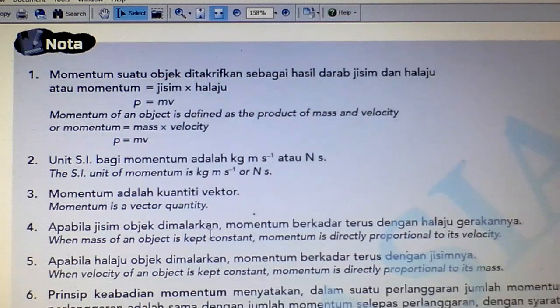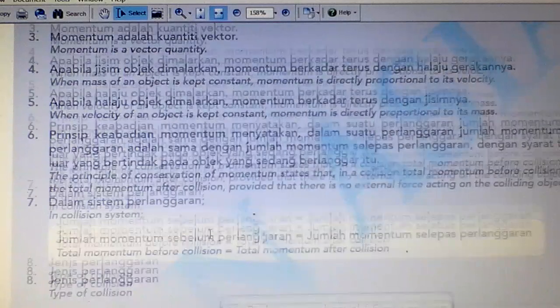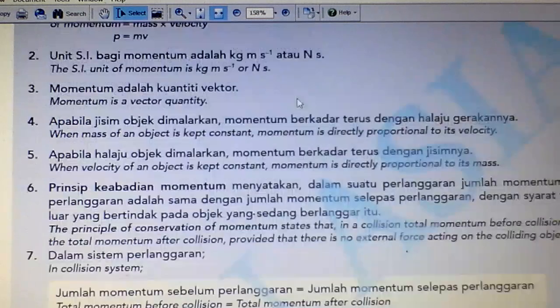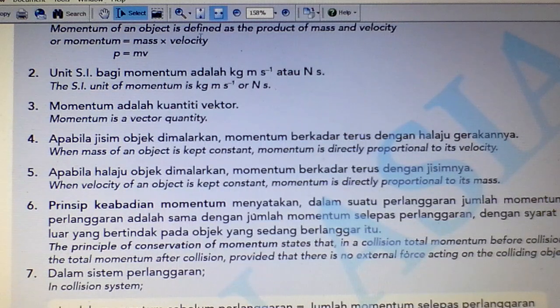Number 4, when the mass of the object is kept constant, momentum is directly proportional to its velocity. So you can see from the formula here, there are two factors that affect momentum, mass and velocity.